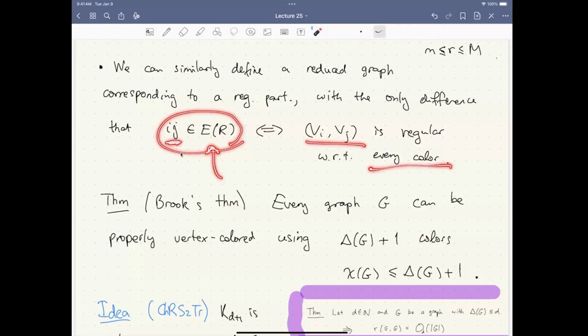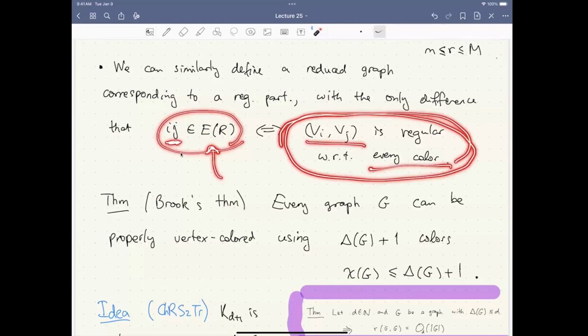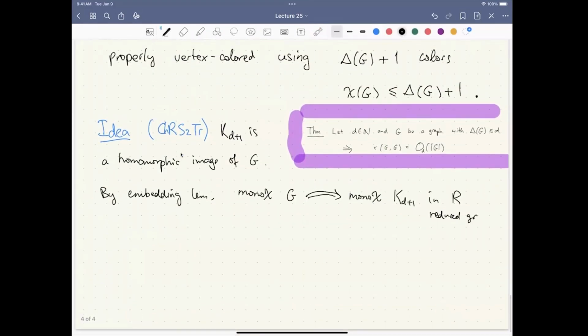We can color ij by the majority color, meaning whichever color has the most edges between V_i and V_j. Here, we will color the edges of the reduced graph by majority coloring.